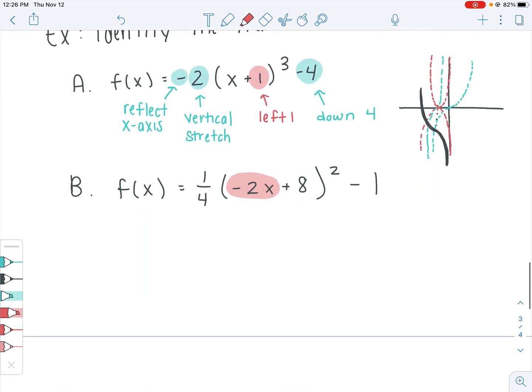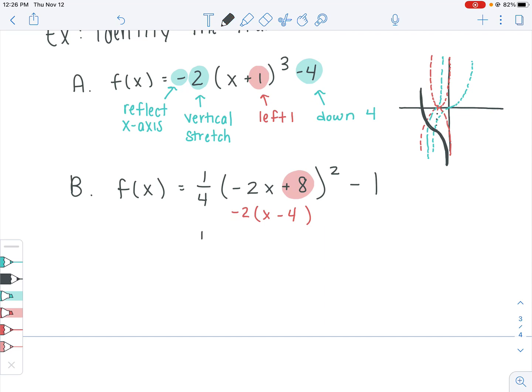So since in this example it is touching the horizontal stretch and shrink, in order for us to decide what's happening here, I need to go in and factor out the negative 2x. So I need to separate this negative 2 from the x. I want that x to be separate. When I do that, I also have to take this positive 8 and factor it out here, which gives me a negative 4, because remember I just do positive 8 divided by negative 2 since that's what I was factoring out.